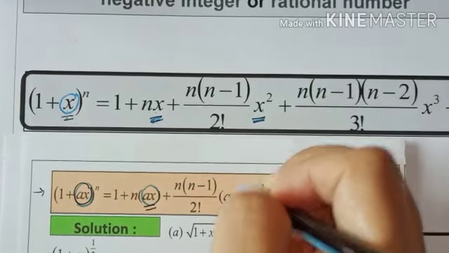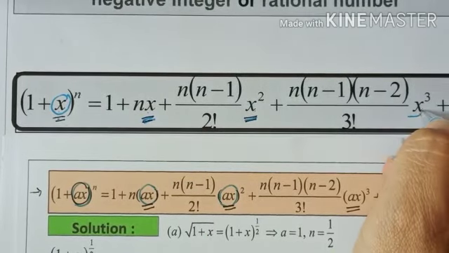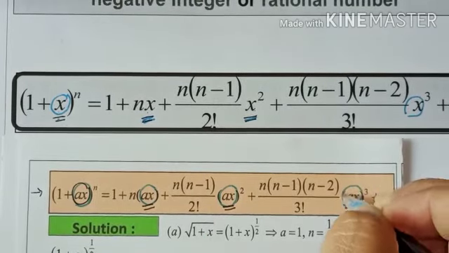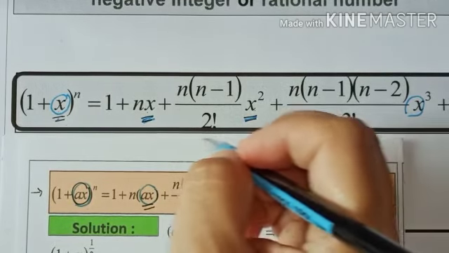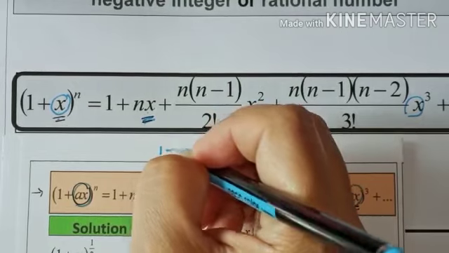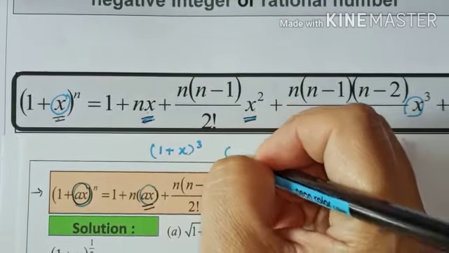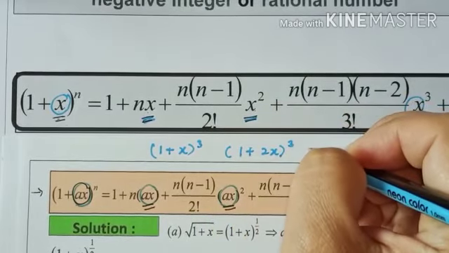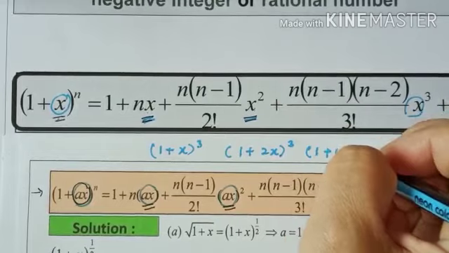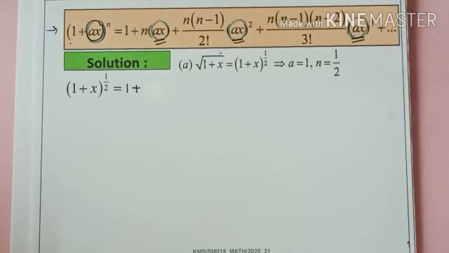This one is also the same, ax, and the last one, x cubed, I also replace with ax. Because for certain questions, not all questions are simply (1 + x)^3. What about if we have (1 + 2x)^3, or maybe 1 + 4x, where we have a coefficient of x?